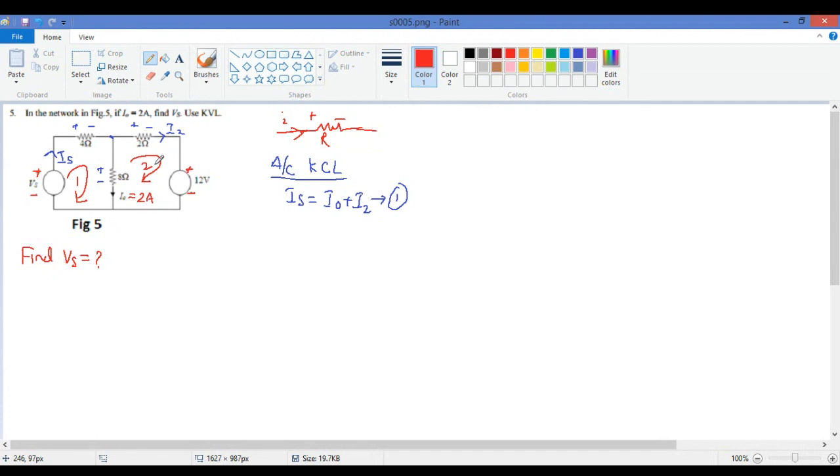Now let us apply KVL. We have to apply KVL in these two loops. You see here we already have all known elements, so first we will apply KVL in the loop in which the values are known.